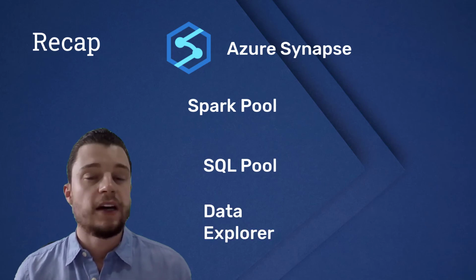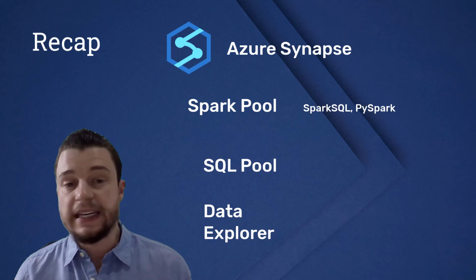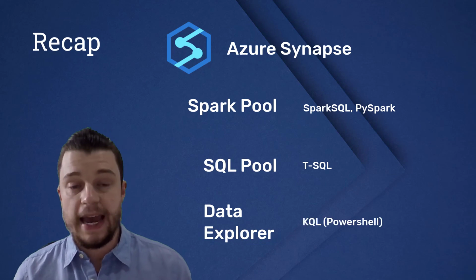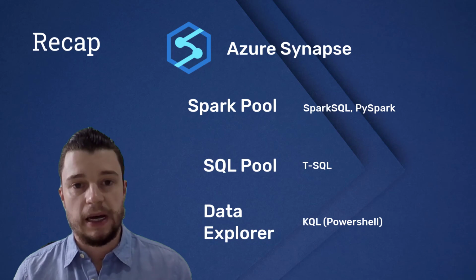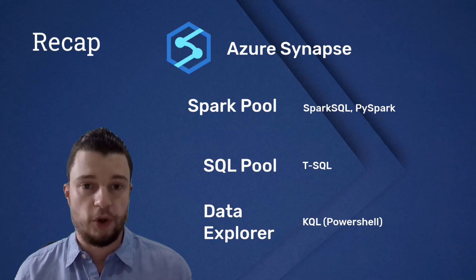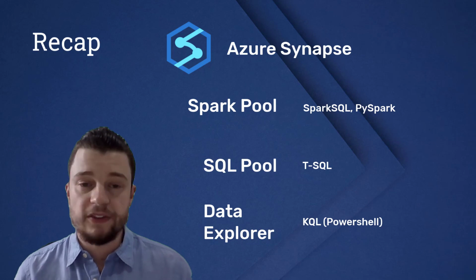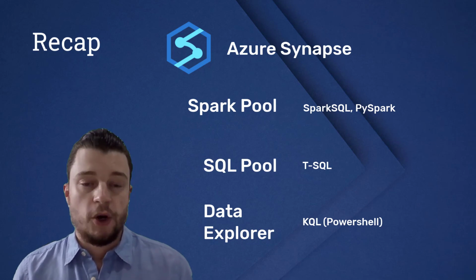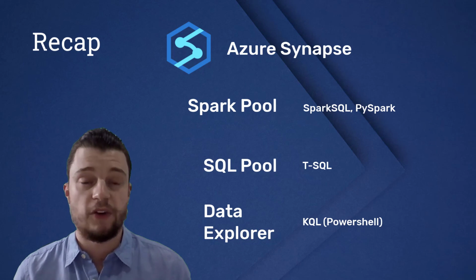So think Spark SQL and PySpark on Apache Spark, T-SQL on the SQL pool, and then KQL, which gives a language like PowerShell, on the third part of the brain in Data Explorer. The other thing we talked about was what are the different choices you're going to make, and then we also talked about the competitors. So I'm hoping that now you're much more comfortable with Azure Synapse when it comes to choosing around the pools.